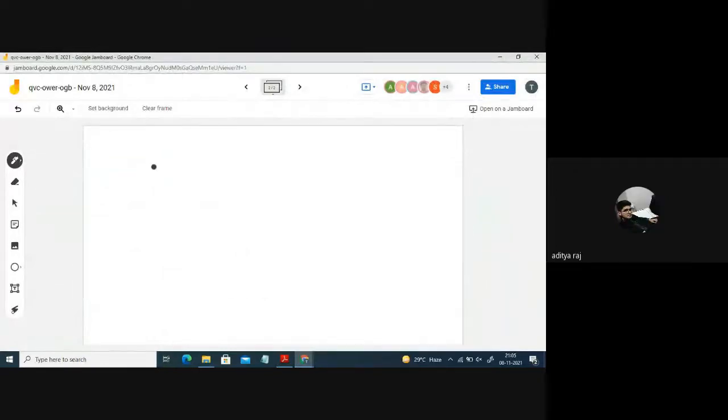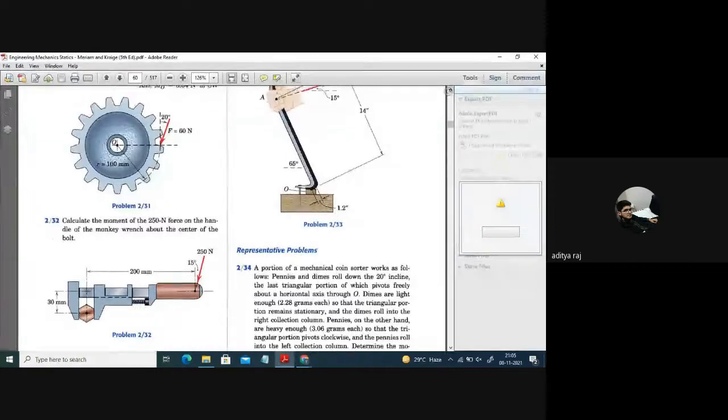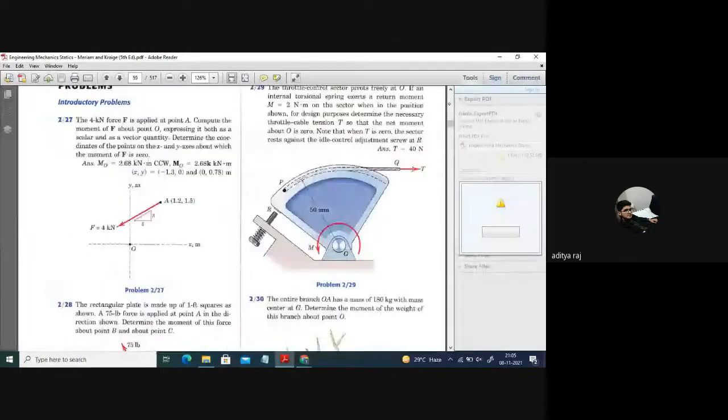Sir, I have one doubt. In the previous question, the point where we have to calculate the moment of the force, I have taken it as the origin. No, sir, in fact the one before that, where we calculated the x-axis point as minus 1.3 and the y-axis point also came out.